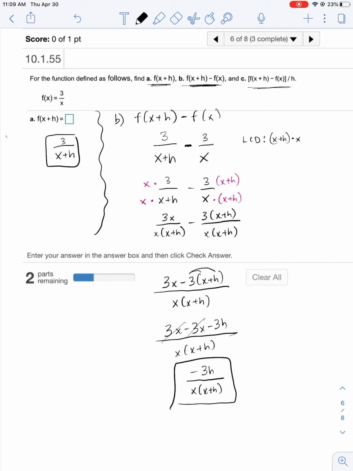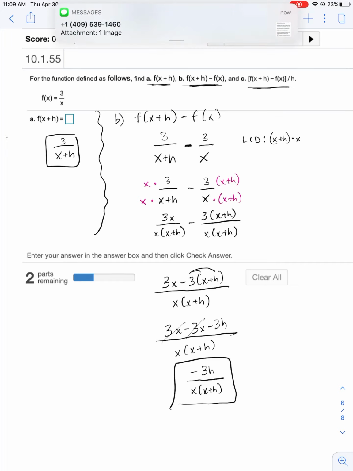Can't be simplified any further. So that is our answer to that second part there. And I am just going to double check here, making sure that we're on the right track before we continue. So let me put these answers in.